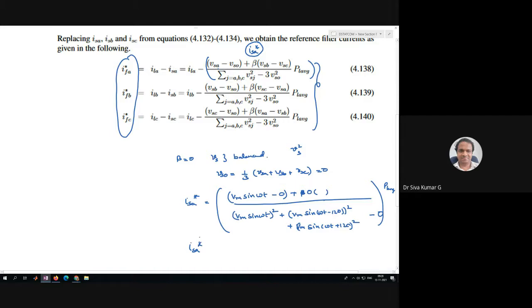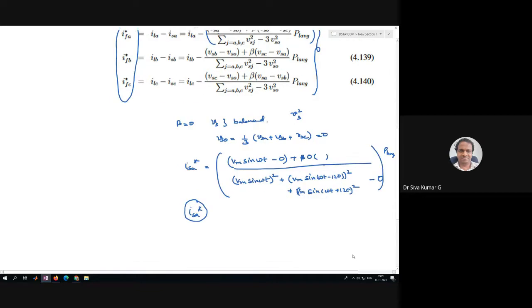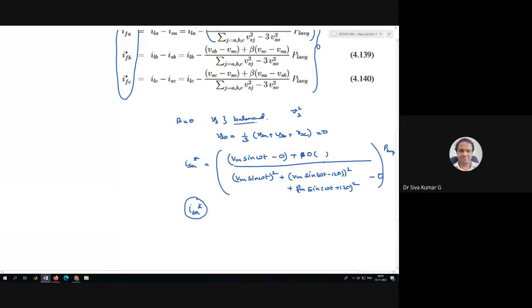We're just seeing how the instantaneous source current looks when you consider the balanced voltages and beta equal to 0. What we get here is Vm sine omega t by Vm square times sine square omega t plus sine square omega t minus 120 plus sine square omega t plus 120.